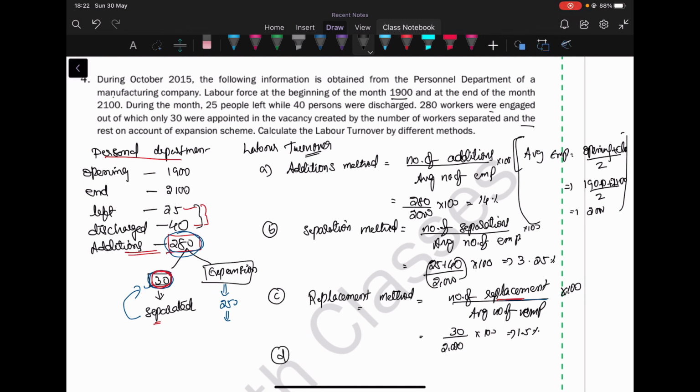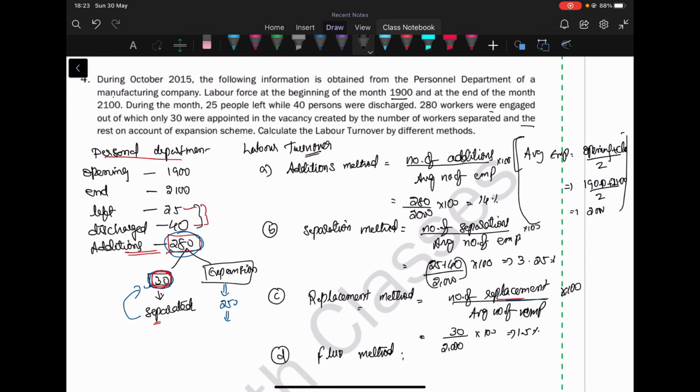The last one is the flux method. Under this flux method, we will be taking additions as well as the separations.